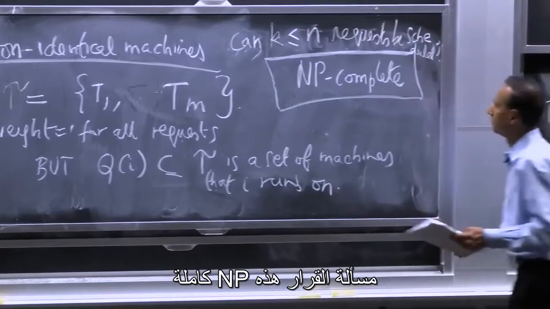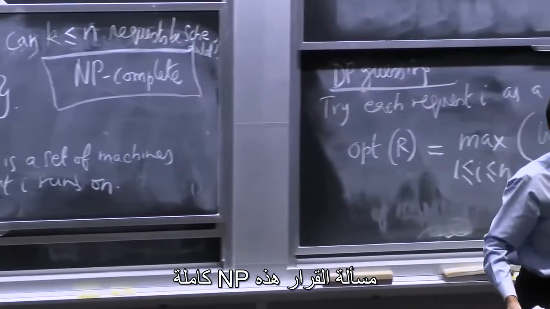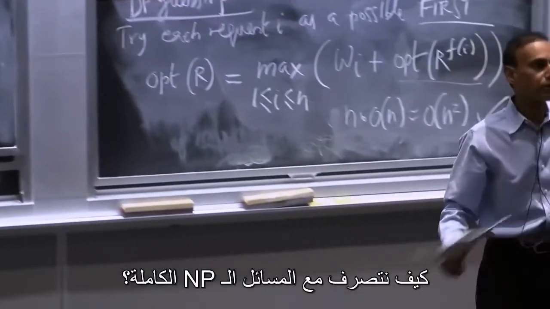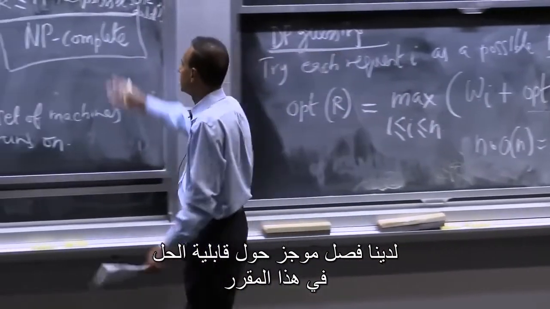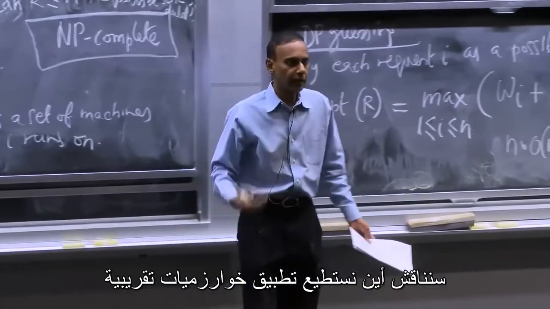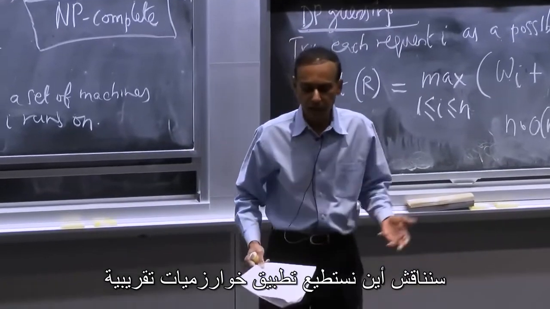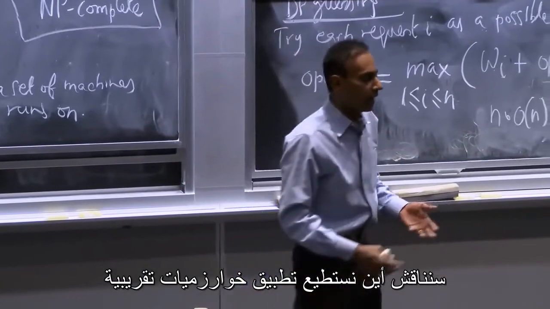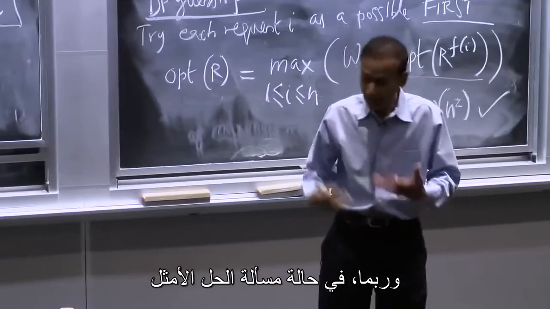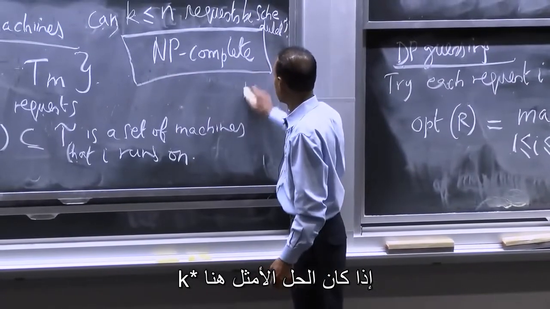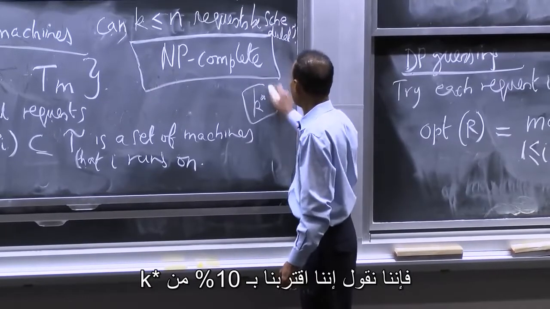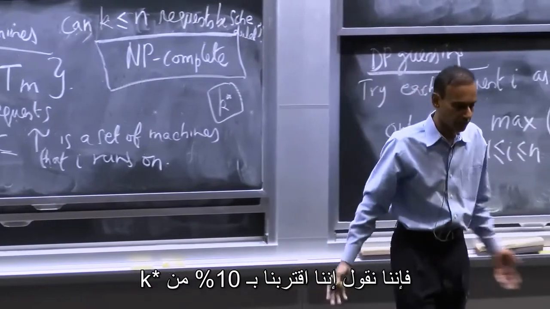This decision problem is NP-complete. Okay? And so what happens when you have NP-complete problems? Well, we're going to have a little module in the class that deals with intractability. We're going to look at cases where we could apply approximation algorithms, and maybe in the case of the optimization problem, if the optimum for this is k star, we'll say that we can get within 10% of k star.